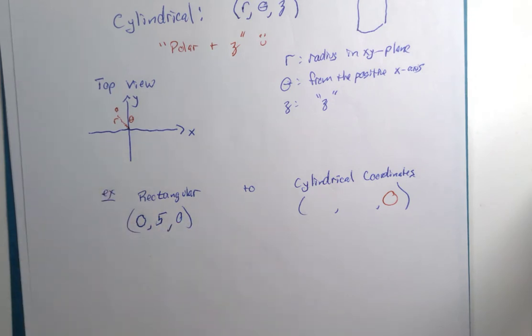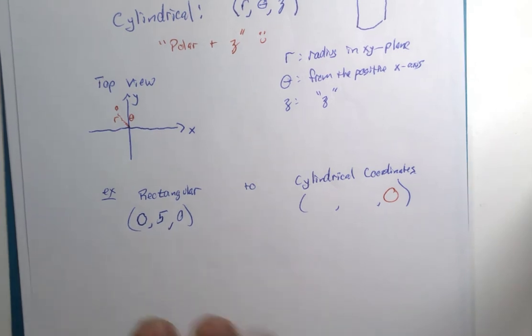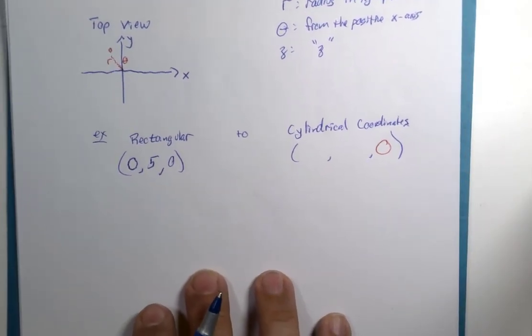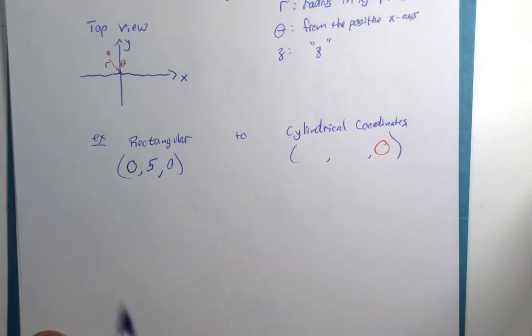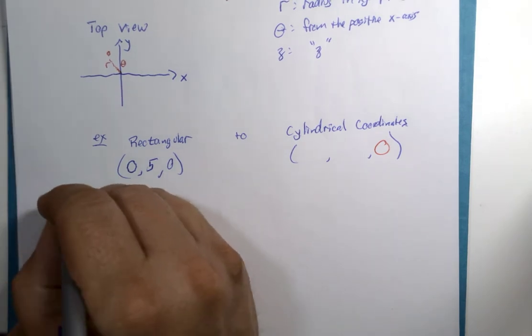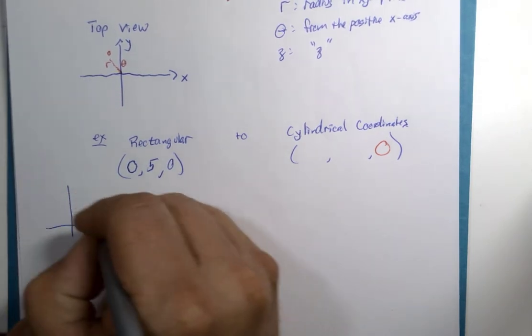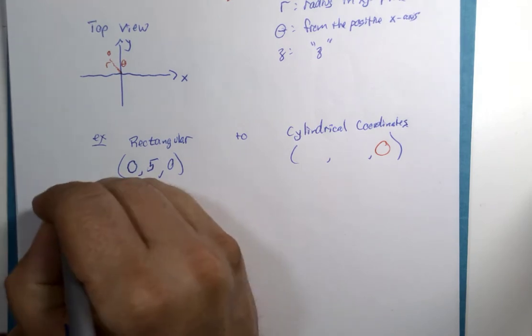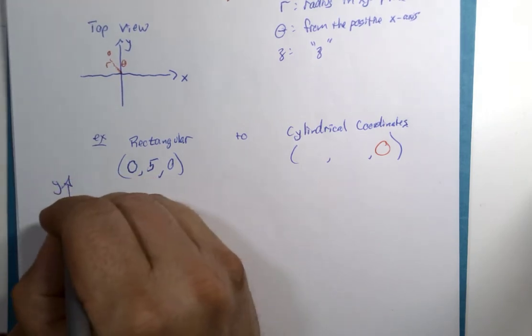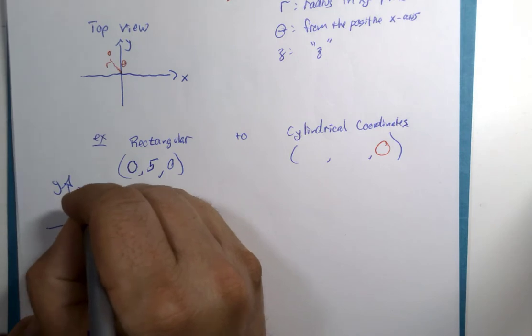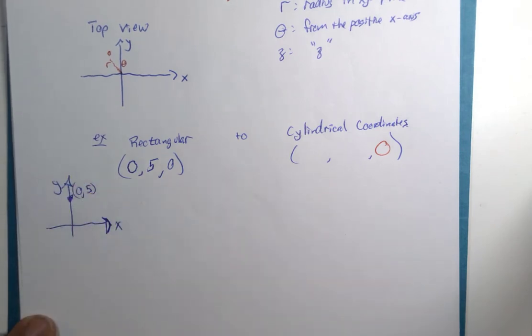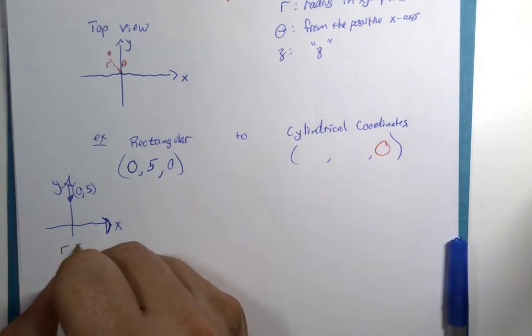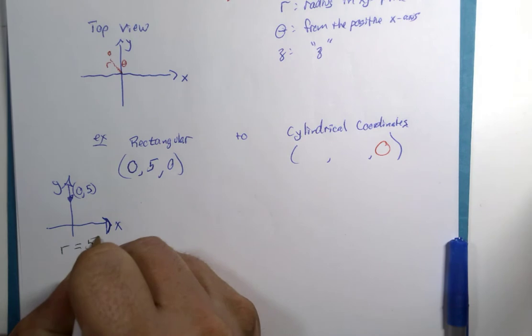angle, or quadrant 3. Your picture with a calculator are the combined skills you might need, or your picture plus some old memory devices. So in this particular problem, let me slide her up a little bit here. We have the x-axis and the y-axis top view. We have the point 0, 5. So I already know in this particular problem that my r value, my radius from the origin, is 5 units.